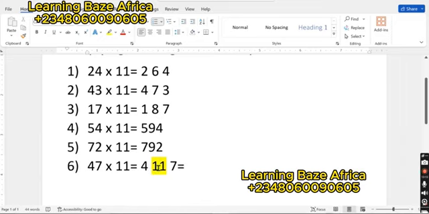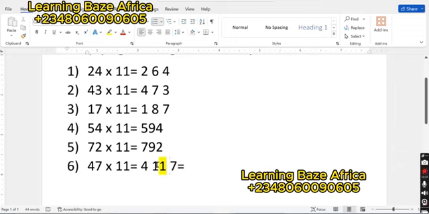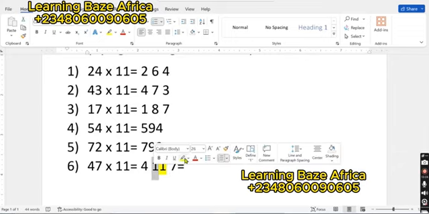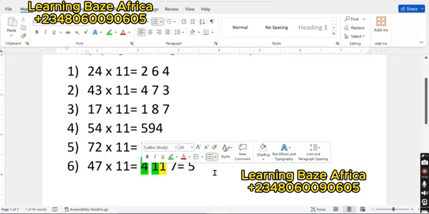So carry 1 over. Let me change the color. We are going to carry the green one over to the digit 4, and it will be added to 4. When you add the green 1 to 4, that will give us 5. Then our answer will be 5, which means we are adding 4 and 1 together.